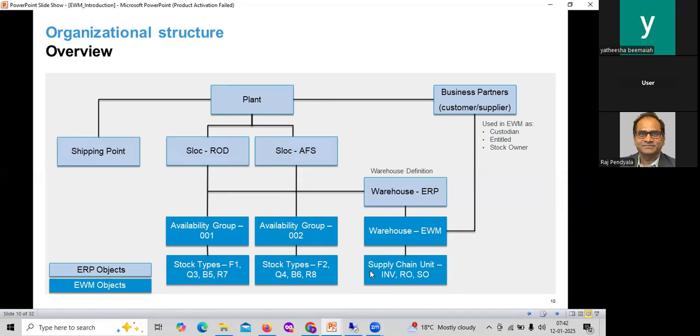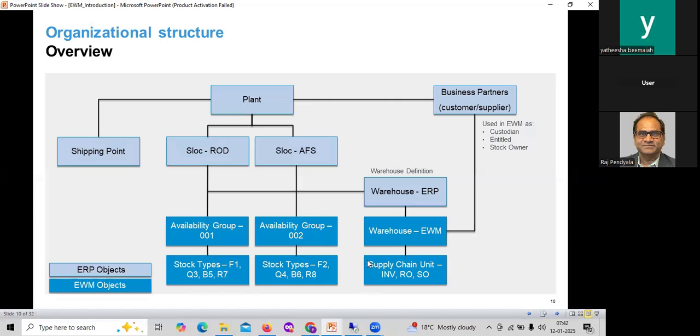And this is a supply chain unit. It is the master data in the EWM system, /SAPAPO/SCUMAIN. For each warehouse number, we have a supply chain unit. This represents the actual location of the warehouse.